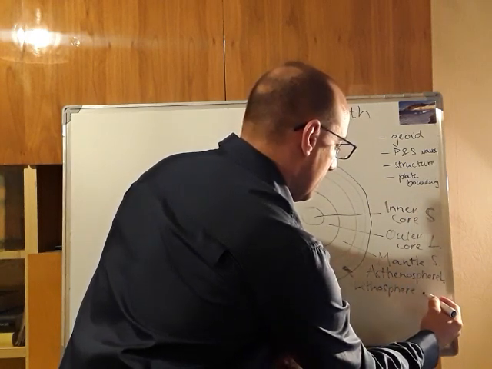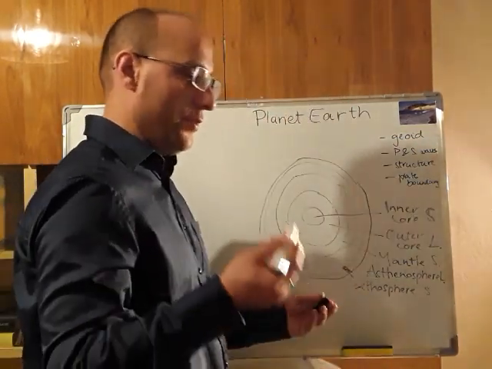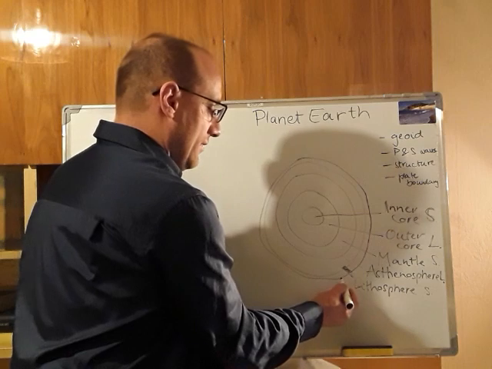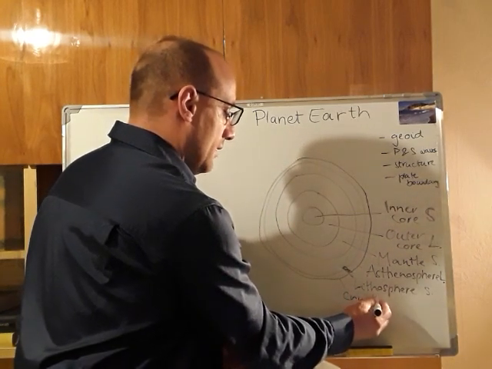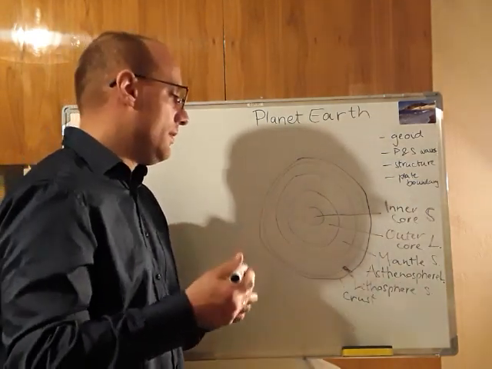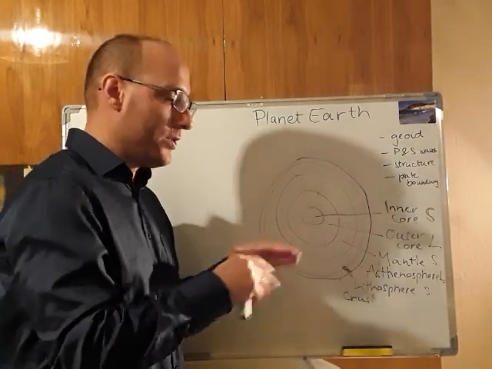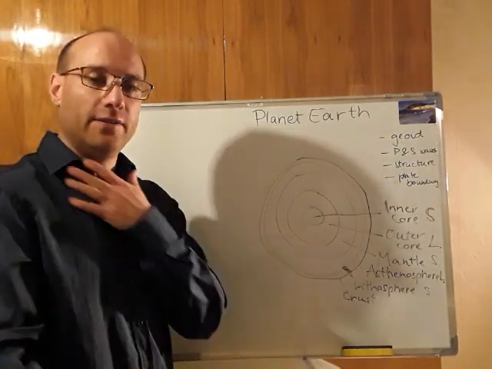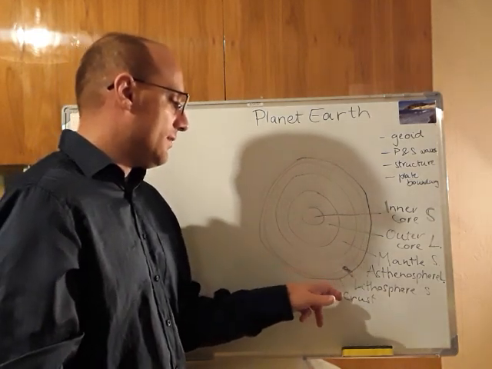Which again is going to be solid, and then we would have on the very top of this one the crust, which will be different depending on whether we are in an oceanic or a continental plate. So that's the crust.